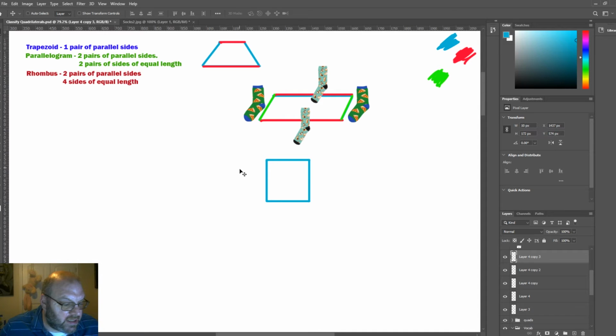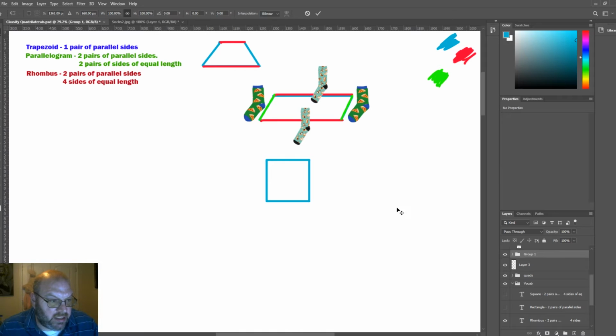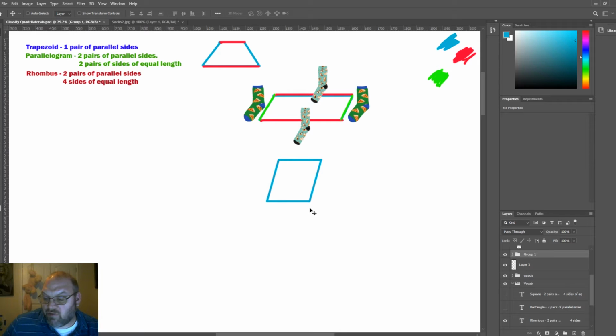A rhombus is normally drawn like this. That's what you're normally going to see a rhombus like. Because a square has one more. Remember, our square has four right angles. Okay? So a rhombus has two pairs of parallel sides, four sides of equal length. So there's only one pair in there.